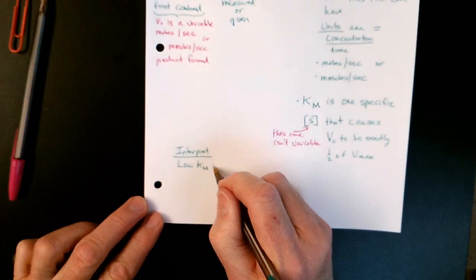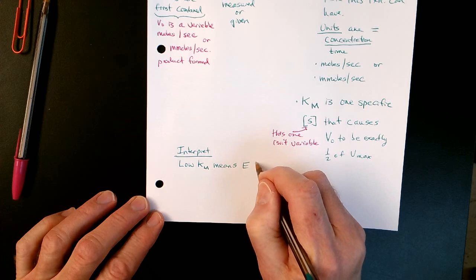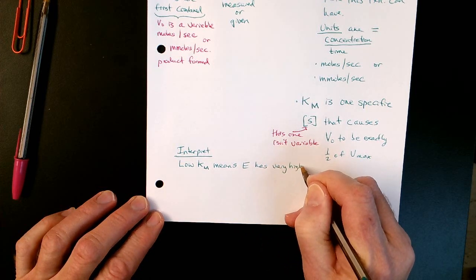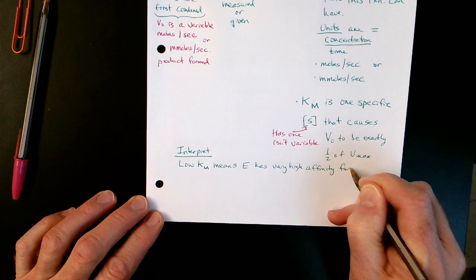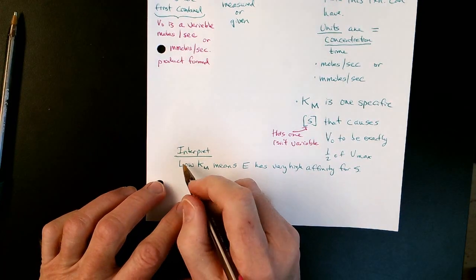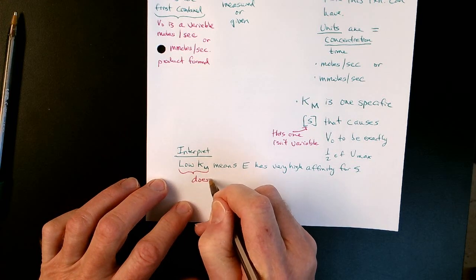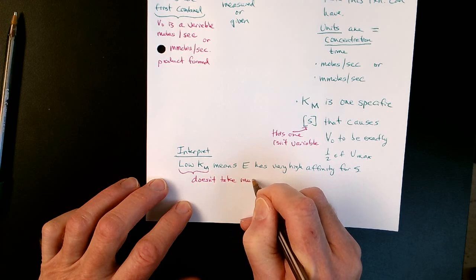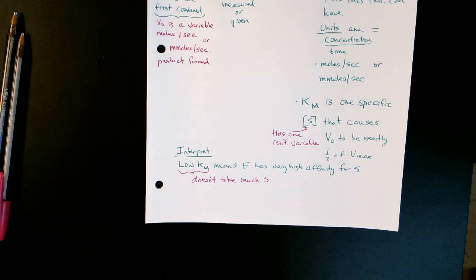A low Km means that the enzyme has really high affinity for the substrate. And let's think about this in another way. It doesn't take much. Okay, that's an awesome enzyme.